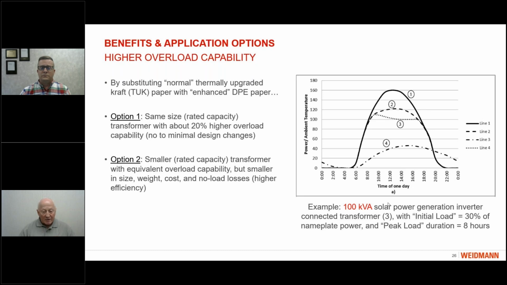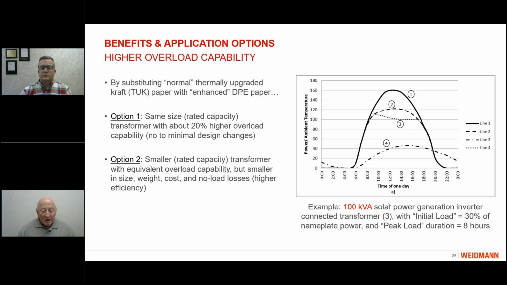capability of such transformers. So if we come back to the graph of the loading of, let's say, solar power transformers, as you see on this slide, let's try to answer the question: what would be the allowable overload capability for the 100 kVA nominal capacity transformer based on this graph?